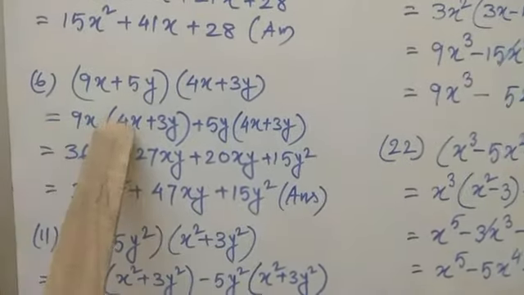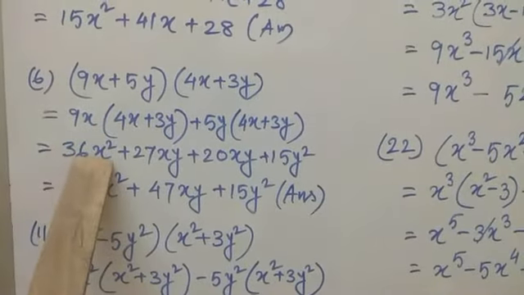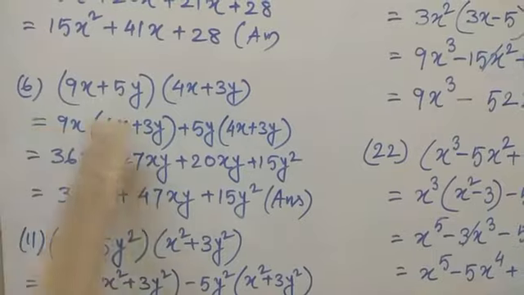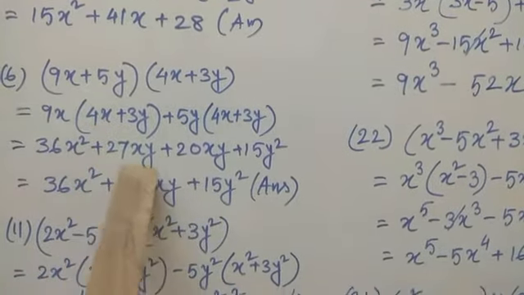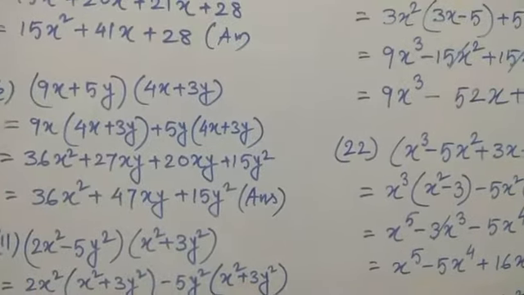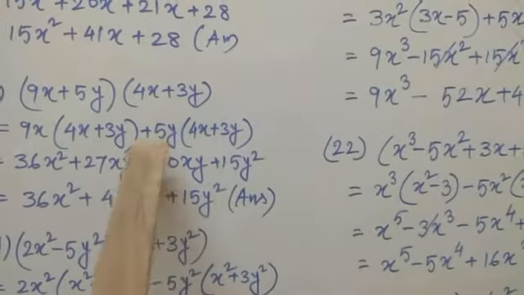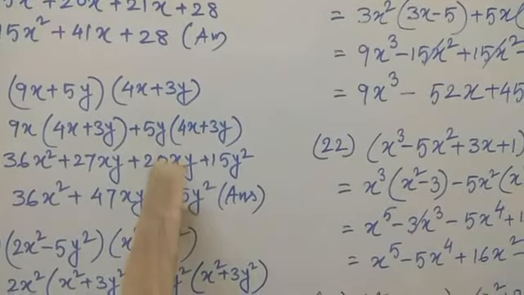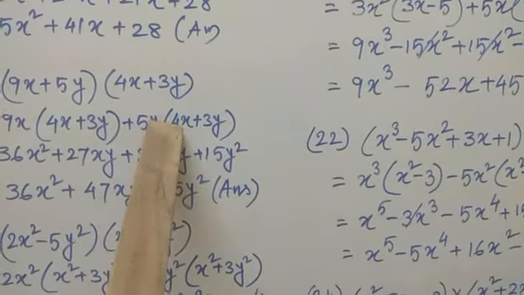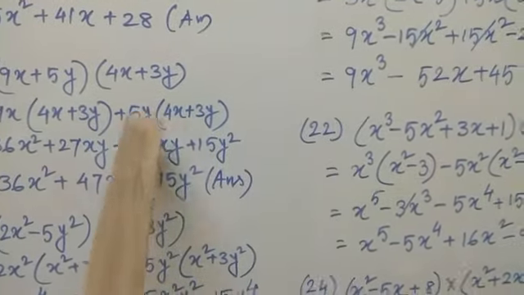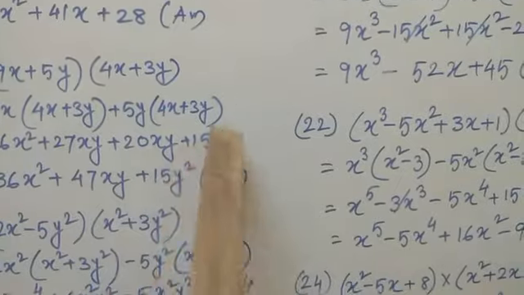So 9 into 4, 36, x into x, square, so 36x square plus 9x into 3y equal to 9 threes are 27, x into y, xy, so 27xy. Multiply these two terms 4x and 3y by 5y, so 5y into 4x equal to 5 into 4, 20, numerical coefficient into numerical coefficient, 5 into 4, 20xy plus into plus, plus 5 threes are 15y square.